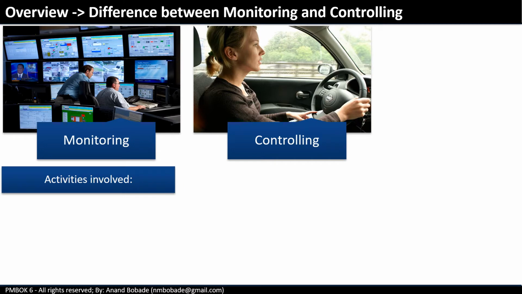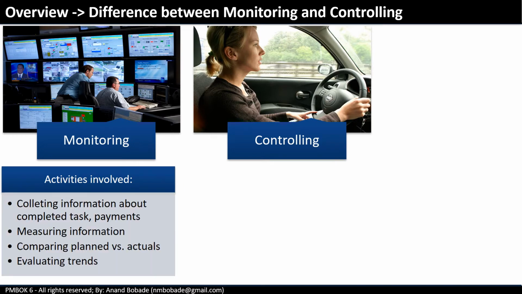The activities involved in monitoring are collecting information about completed tasks, completed payments, the invoices in progress, measuring information like cost performance index, schedule performance index, comparing planned versus actual like cost variance, schedule variance, and also evaluating trends. Monitoring gives the project manager an idea about the health of the project. Also, it helps the project manager to identify areas of a project that may need special attention.